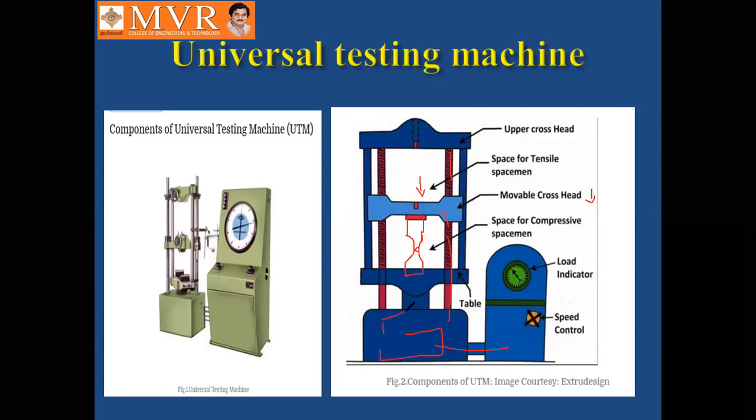Here some loads have been placed, some dead weights, where 10 kilonewtons and 5 kilonewtons are available. If you apply the 5 kilonewtons, 5 kilonewtons will act in this direction. If you apply the 10 kilonewtons, 10 kilonewtons will be applied. And next, this is what the universal testing machine looks like.